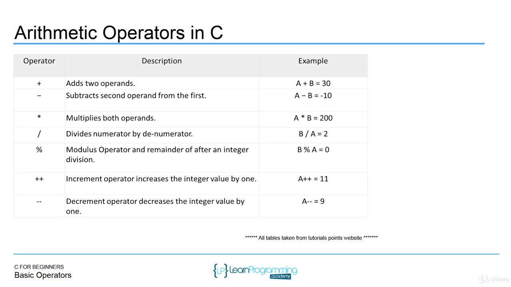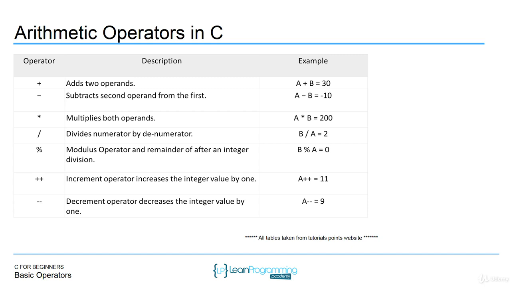And then there's a decrement operator, which decreases the integer value by 1, so a minus minus. You should notice the plus and the minus are after the variable. This is referred to as postfix. What this means is that if that variable is in an expression, it's not going to be assigned the extra 1 until after that statement. If it's prefix, it'll be assigned before.